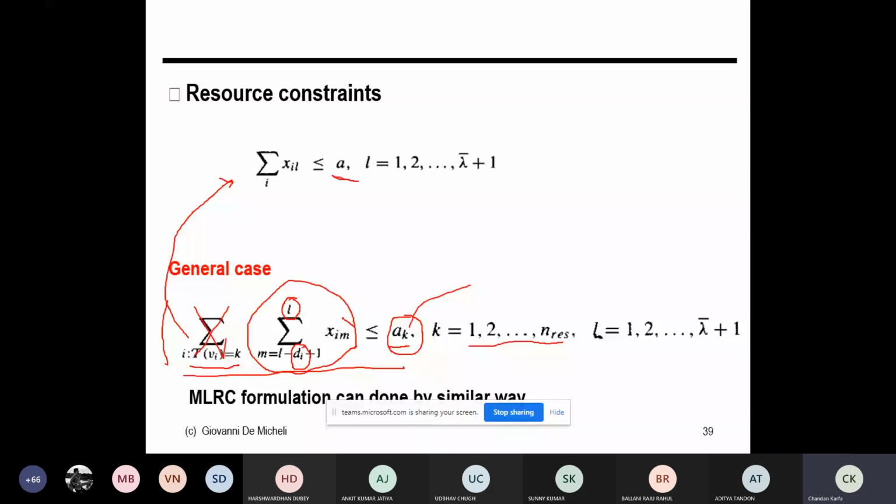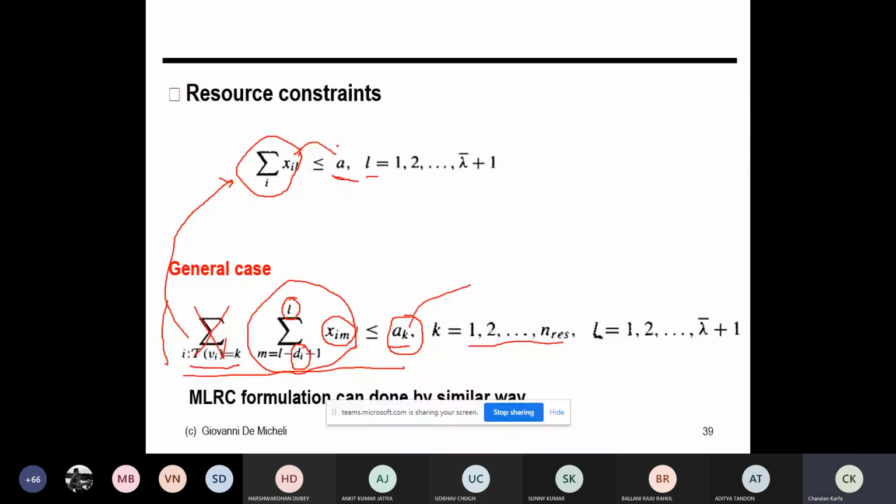So what I have to see is, for every time step L, which operations start their execution or are going to execute in time step L, which should be given by this, and that should be less than the resource bound, right?